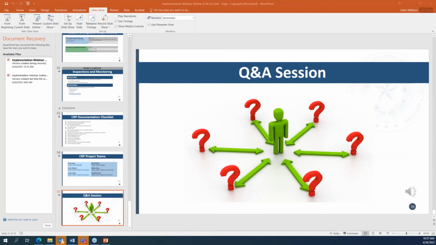So if LMA, low mod area, throughout the 5-year period after closeout of this project, the LMA must continue to be 51% of the service area, whether city or county, whatever service area it was.